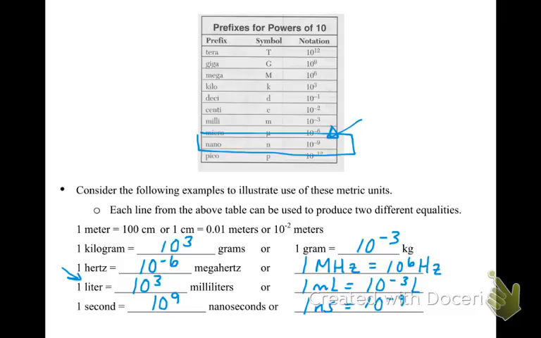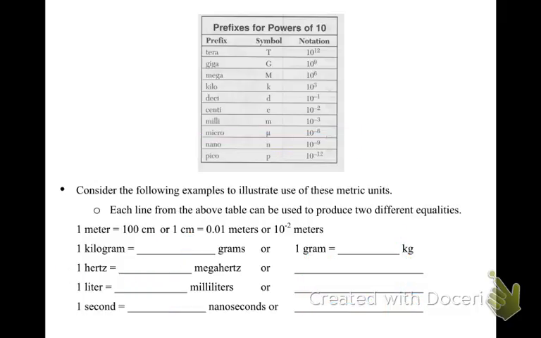I'm sorry, I misspoke before. 1 second equals 10 to the 9th nanoseconds, or 1 nanosecond equals 10 to the negative 9th seconds. Okay, so that's how you would use this particular reference table to help you convert from one unit to another. Again, that should be a review from chemistry.